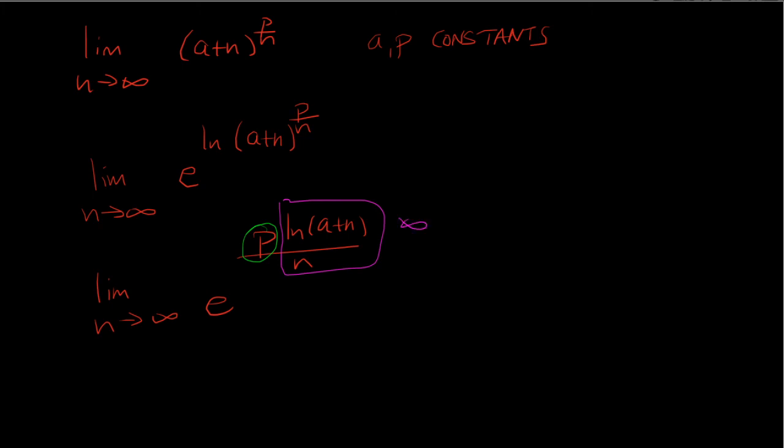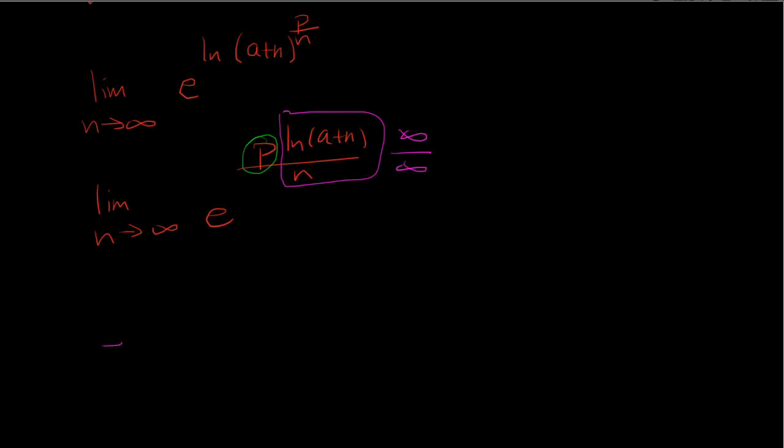So that's going to give me infinity over infinity. And multiplying by p doesn't really change anything. So I'm going to get rid of the e by putting it on the bottom. And then now we're going to do the limit as n approaches infinity of p times ln of a plus n over n.